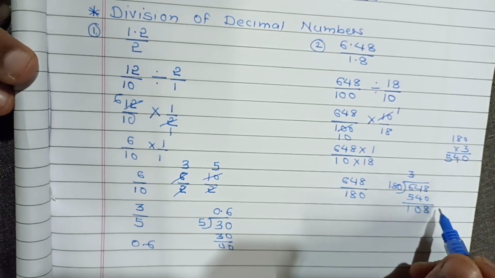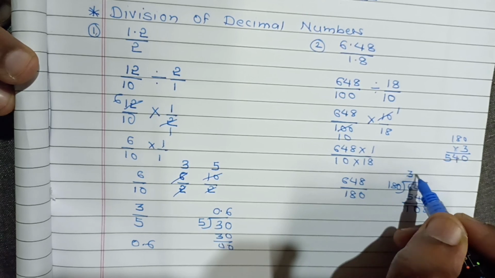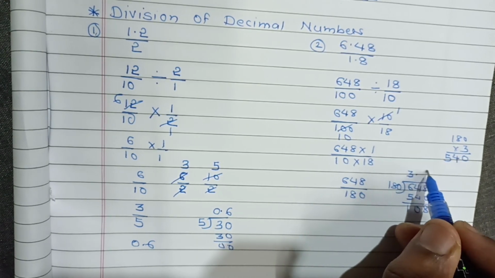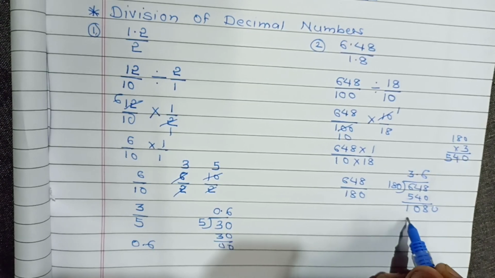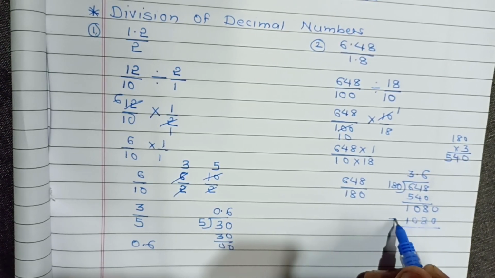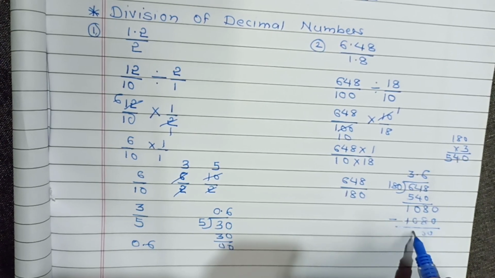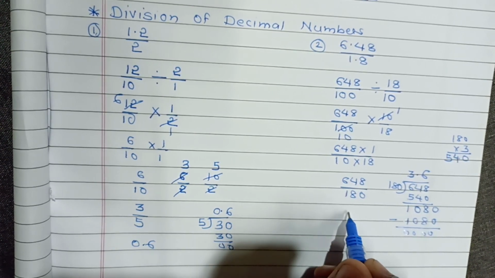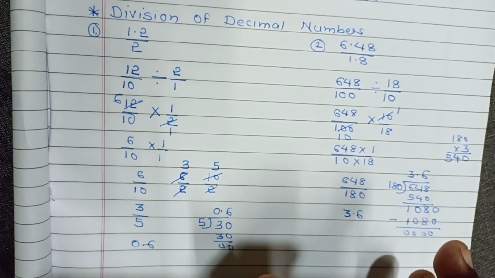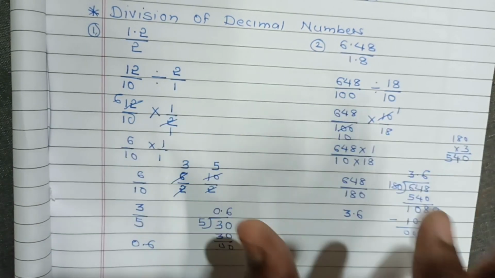So you have to join here 0 and put the decimal point here. Then 180 into 6. So that is 1080. Now you have to do the subtraction for this. 0 0 0 0. So final answer is 3.6. So this is how you have to do the division of decimal numbers.